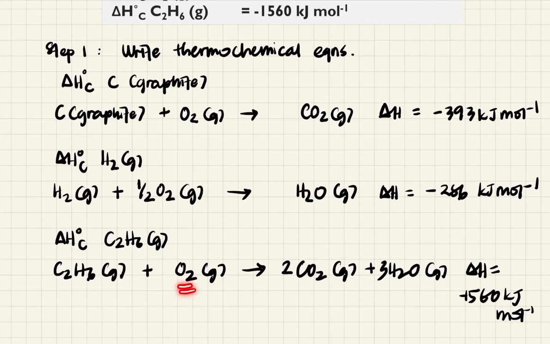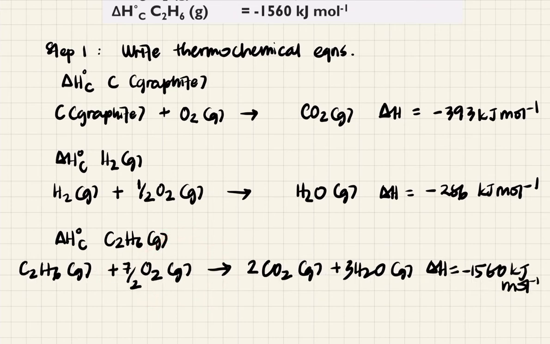Here you have 2, here we have 4 plus 3, so that's 7. That means you're going to have to put here 7/2 so that you have 7 oxygen atoms here. Now you have maintained 1 mole being burned in oxygen gas, and your chemical equation is already balanced.